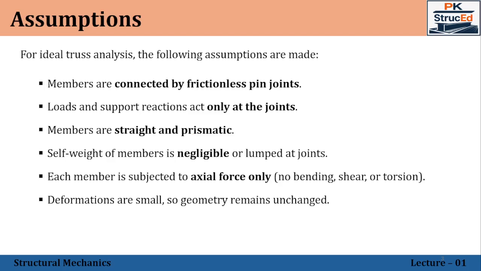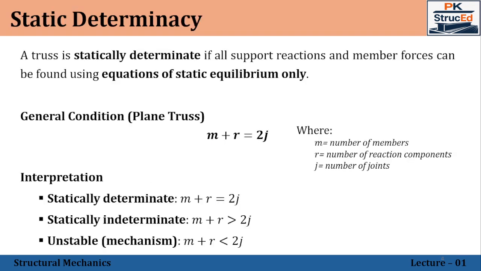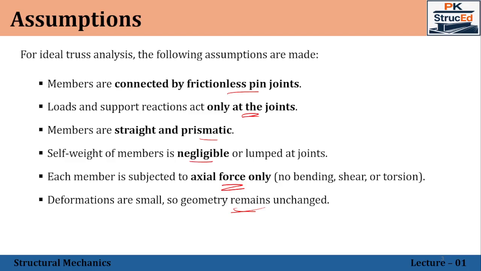They are: members are connected by frictionless pin joints, loads and reactions act only at the joints, the members are straight and prismatic, self-weight of the member is negligible or in no case will it be considered, each member carries only axial force, and the deformations are small so that the geometry does not change. So these assumptions will allow us to apply the simple equilibrium equations to determine the internal forces.